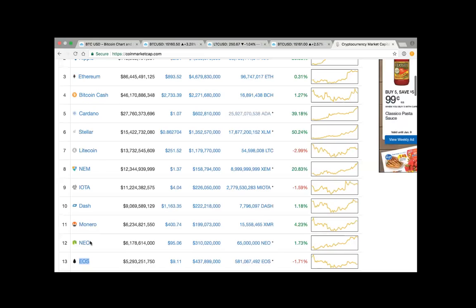EOS basically is Ethereum, but they fixed a lot of the problems that Ethereum was having, and now they're also creating a whole platform behind it. Gotcha. So now you're about to have a Coinbase that's faster with fewer fees. They don't have to charge as many fees as Coinbase, and they also have all of the coins that Coinbase has and the same ones that Binance has.